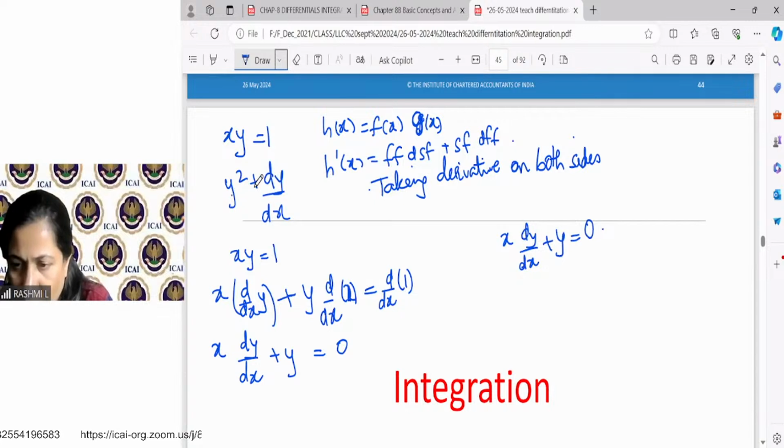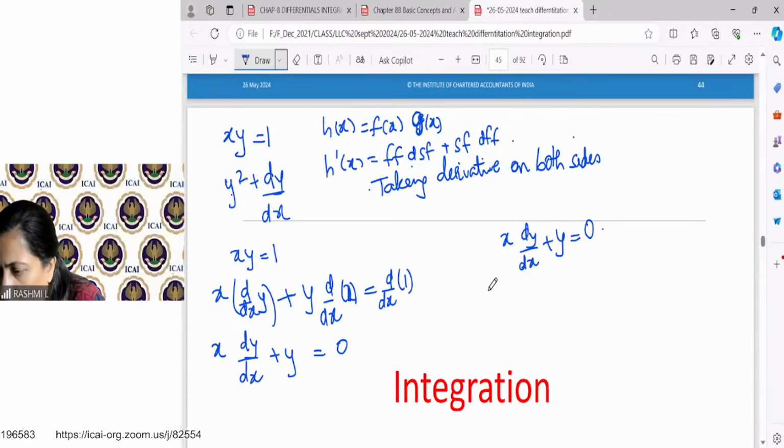What do they want? Y square plus dy by dx. Okay. So this is equal to how much? They want the value of y square. So if I multiply by y, okay, multiply by y.